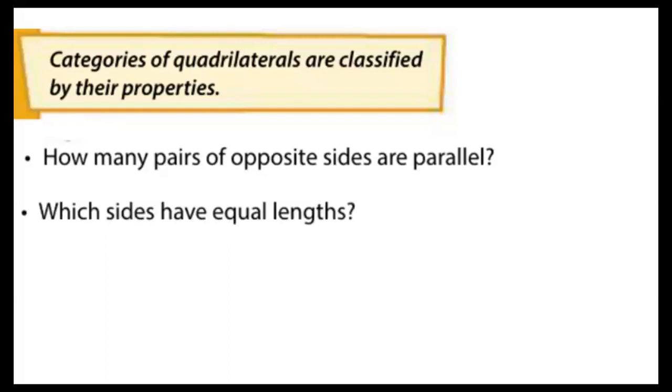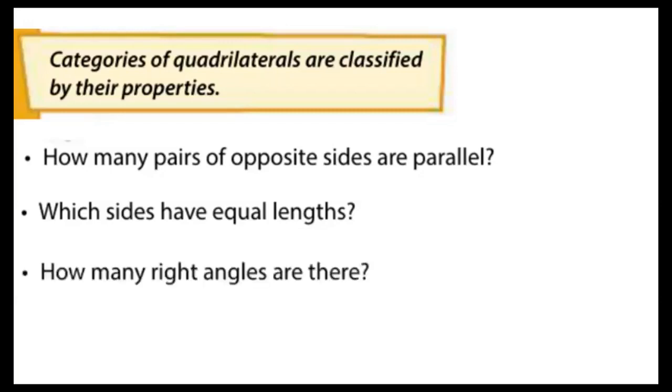So when we see a shape, we look at the shape and ask these 2 questions, and I can determine the properties that I'm going to use to help me classify the quadrilateral. The last question will be: how many right angles are there?